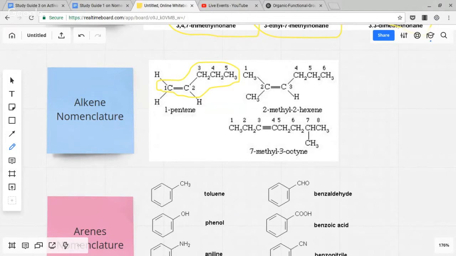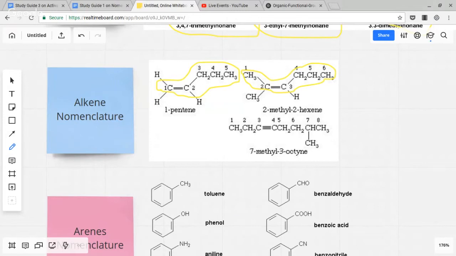In the second example, you have a hexene because your parent is this, the longest chain with a double bond. The one that doesn't belong to it is this, so you have one branch here. How do we number this? We number beginning from the left again, because this gives you the lowest value for your carbon-carbon double bond.